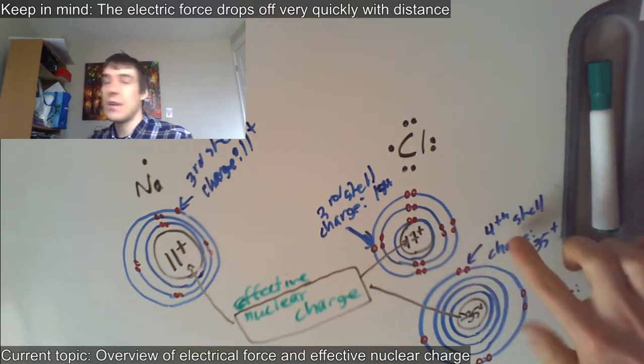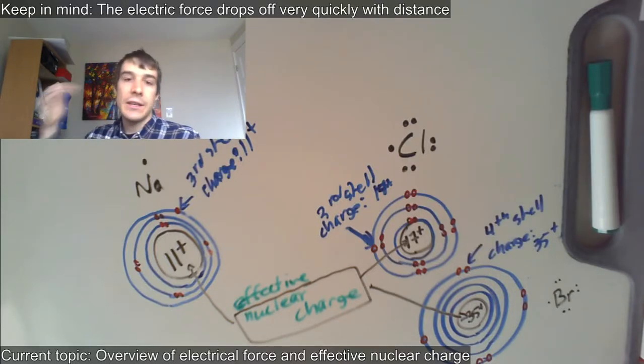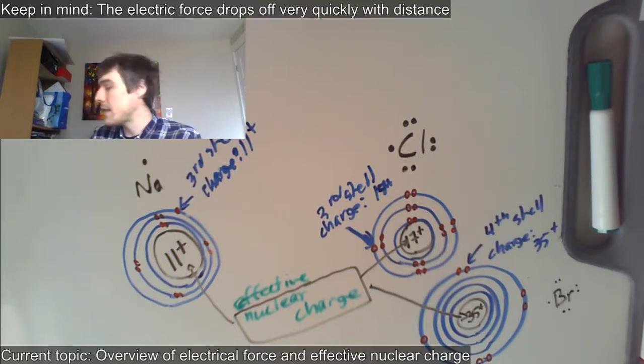They're in the fourth shell. It's a longer distance. So what's more important, distance or amount of charge? And if you remember what I was talking about with the balloon, the amount of charge is linear. Twice the charge means twice the attraction. But the distance is quadratic, right? So twice the distance is 4 times less attraction.